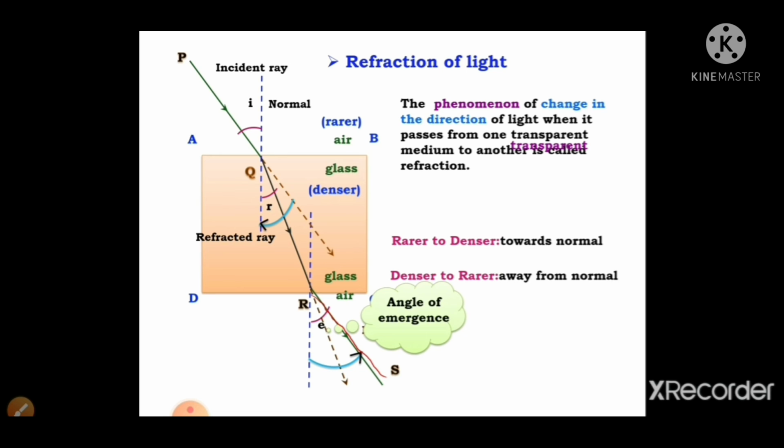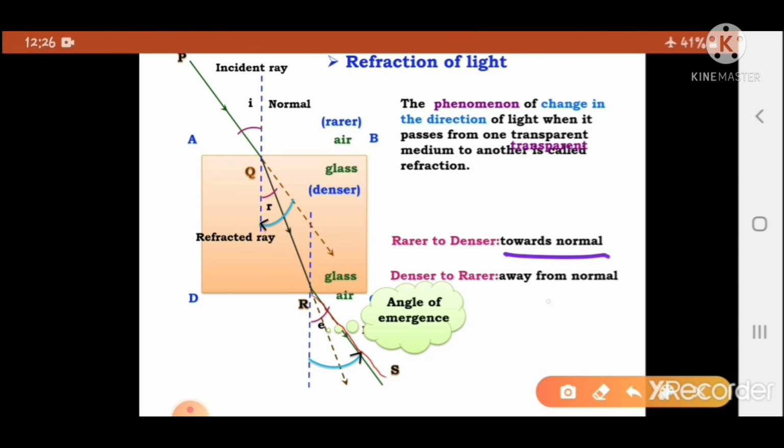So three rays: incident ray, refracted ray and emergent ray. And the concept is when light passes from rarer to denser, it bends towards the normal, and when light passes from denser to rarer, it bends away from the normal. So these are the things that you should know.